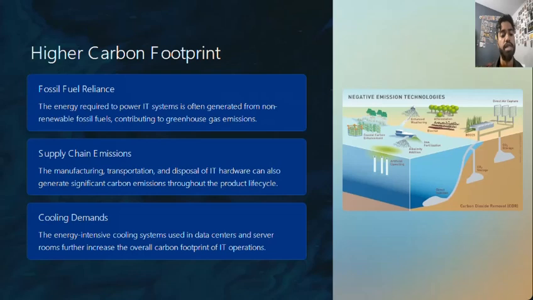Cooling demands: the energy-intensive cooling systems used in data centers and server rooms further increase the overall carbon footprint of IT operations. Here in this image you can see the negative emission technologies: afforestation, biochar and iron fertilization, alkalinity addition, artificial upwelling, coastal carbon enhancement.